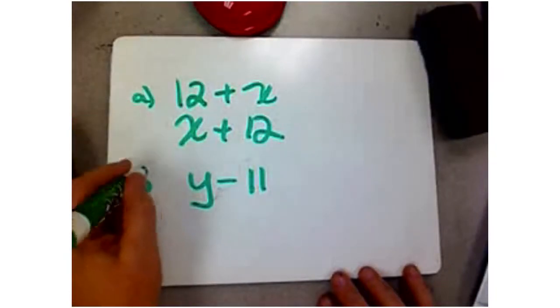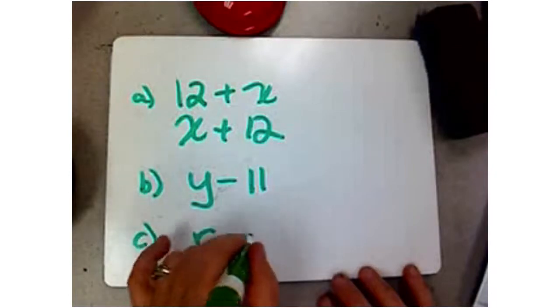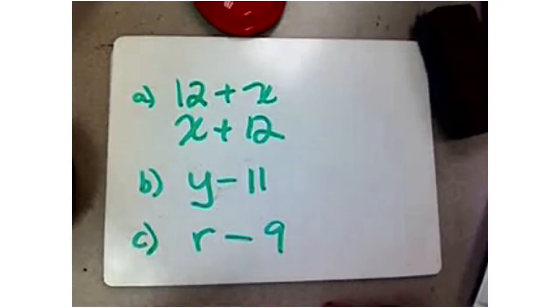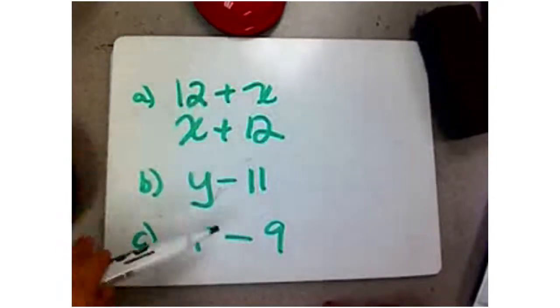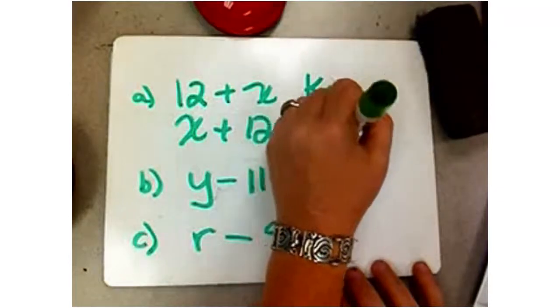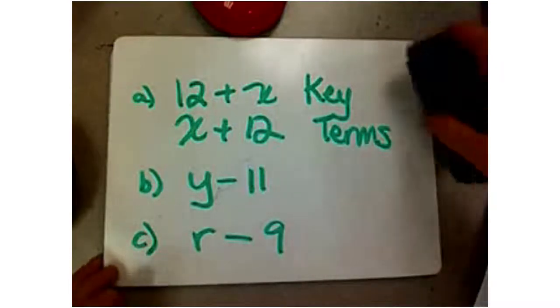And then letter C says r decreased by 9. That would be r minus 9. So you'll practice translating those words. This is where you need to refer to your key terms that I posted as an announcement attachment a while back, key terms of math, to refresh all those different words like increased and decreased and product and twice and quotient, so that you learn all those words.